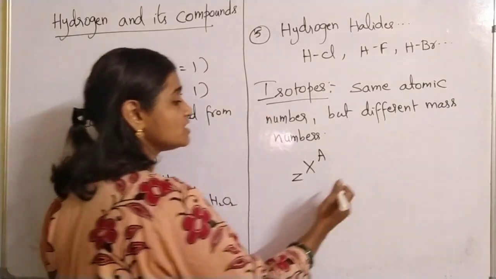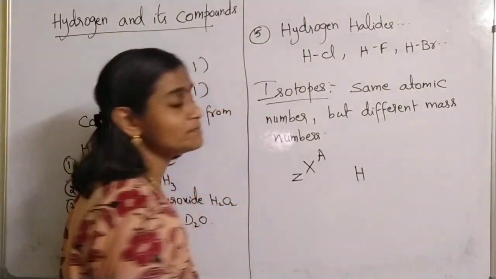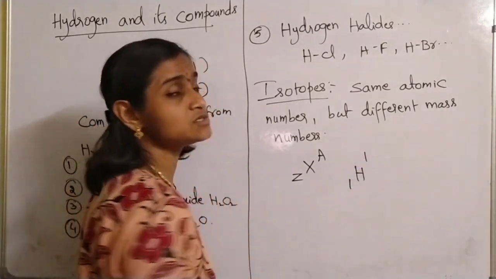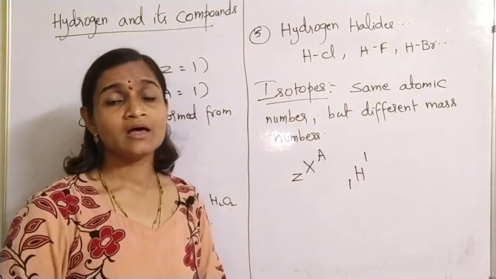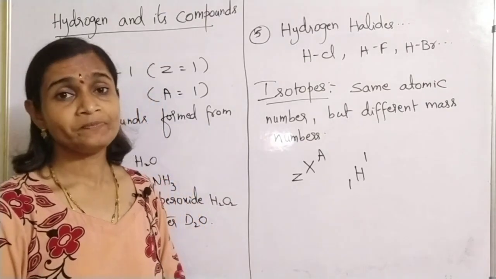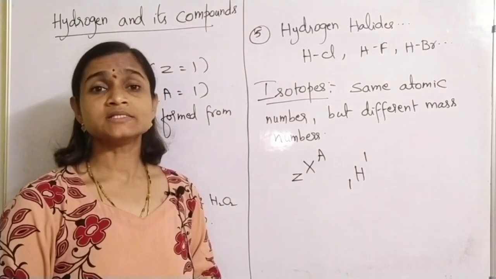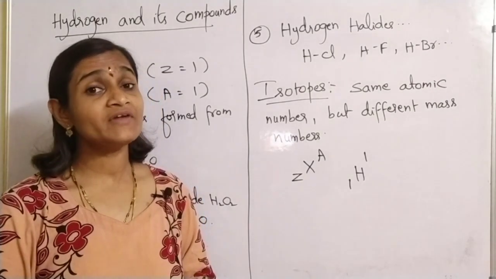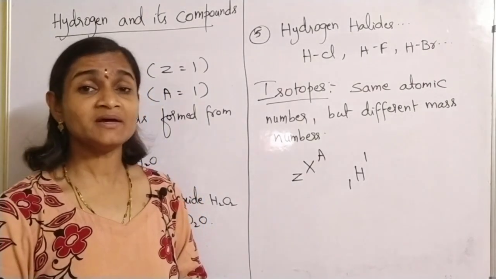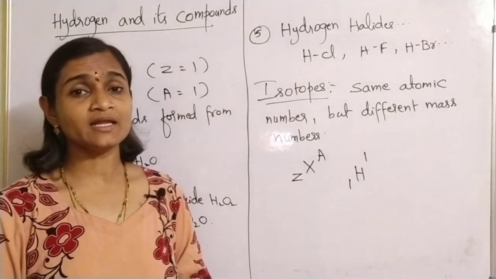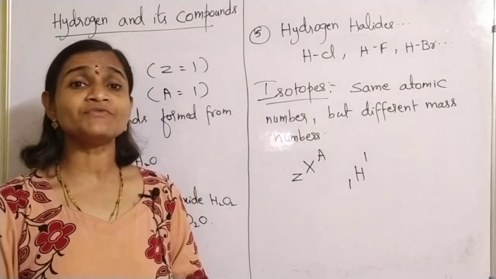For hydrogen, the symbol is H, its atomic number is 1, and its mass number is also 1. This is the normal form of hydrogen. Hydrogen also exists in the form of isotopes, with the same atomic number but different mass numbers.